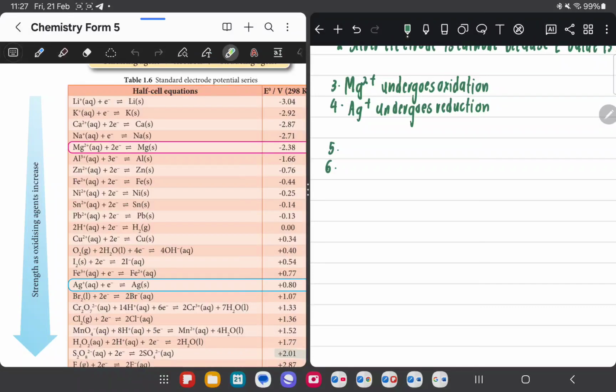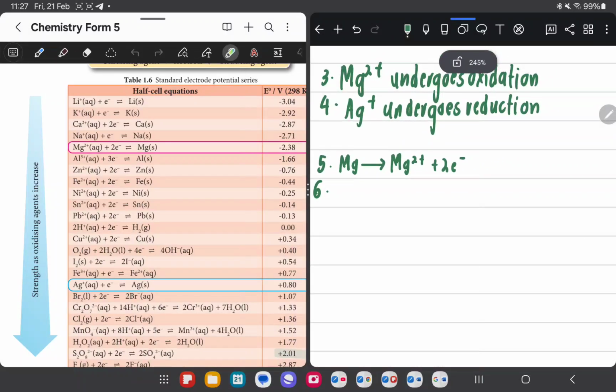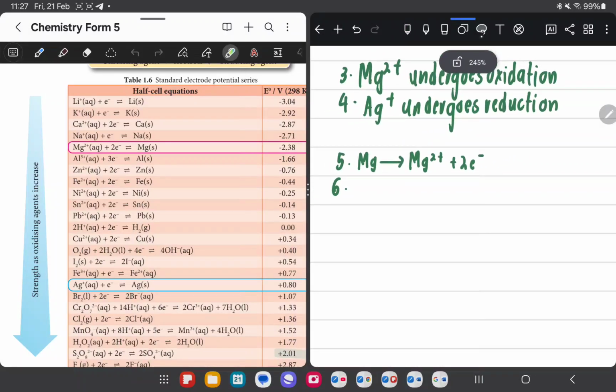But for oxidation, can I take it directly or inverse it? Yes, I can inverse it because it is oxidation. So I won't write Mg2 plus first, I will write Mg first. So Mg produces Mg2 plus and 2 electrons. This is for my anode.